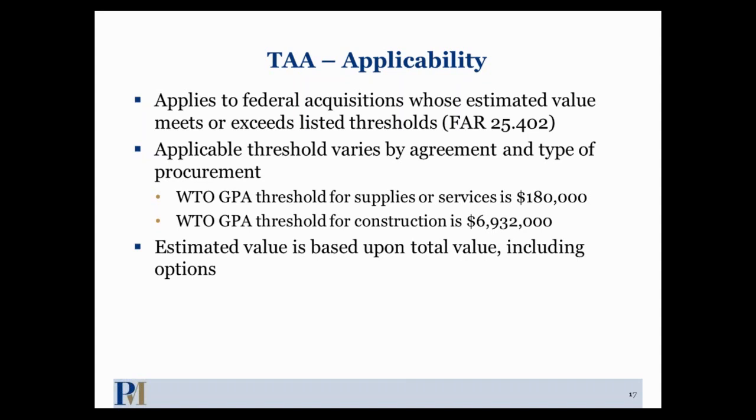These thresholds are updated every 2 years, so they're constantly changing. In fact, they've been decreasing. The current 180,000 threshold for WTO GPA is lower than the prior threshold, which I want to say was 193,000 or maybe 191,000. So it's a fluid threshold.